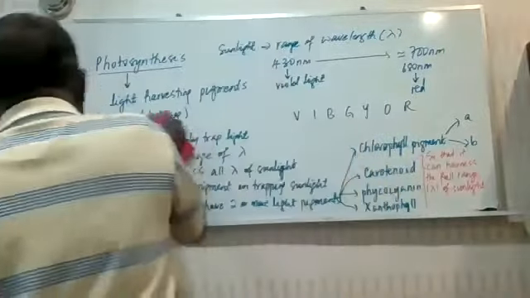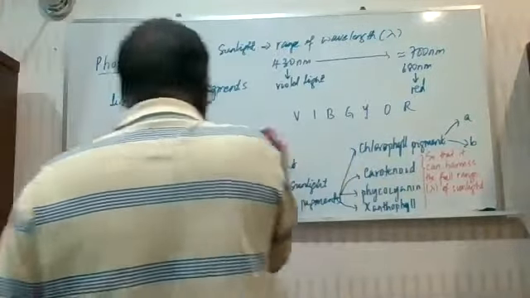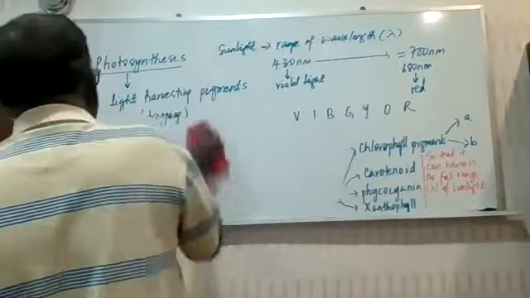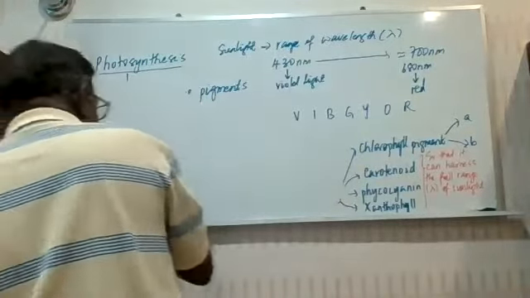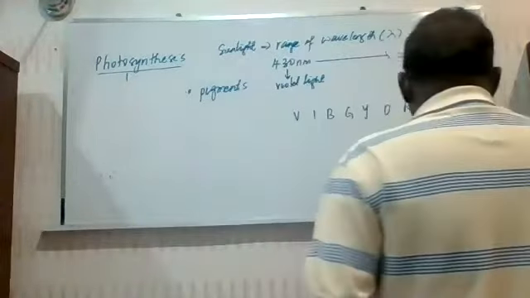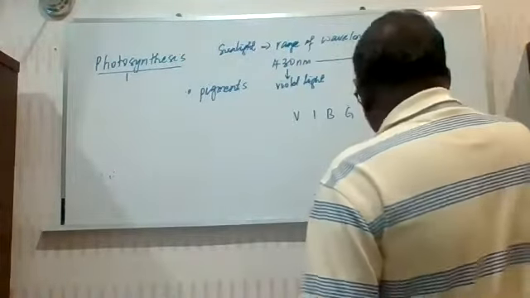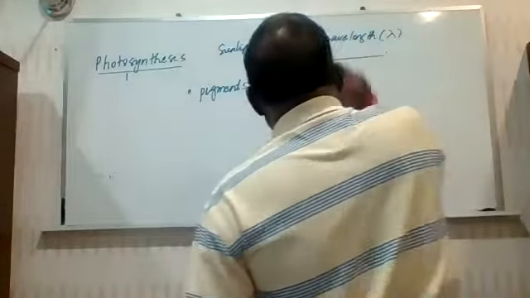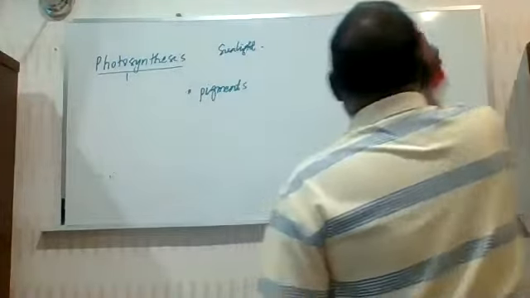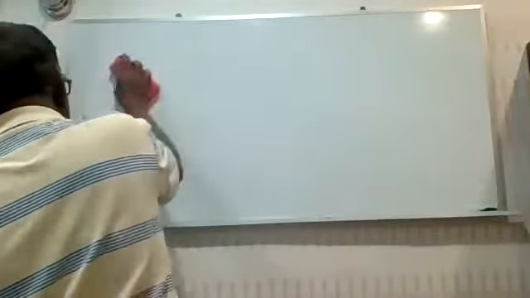Now let's shift our focus to two spectrums that are important, which are still related to the light harvesting pigment. There are two spectrums that you need to know. They are the absorption spectrum and the action spectrum. So we are going to look into that.